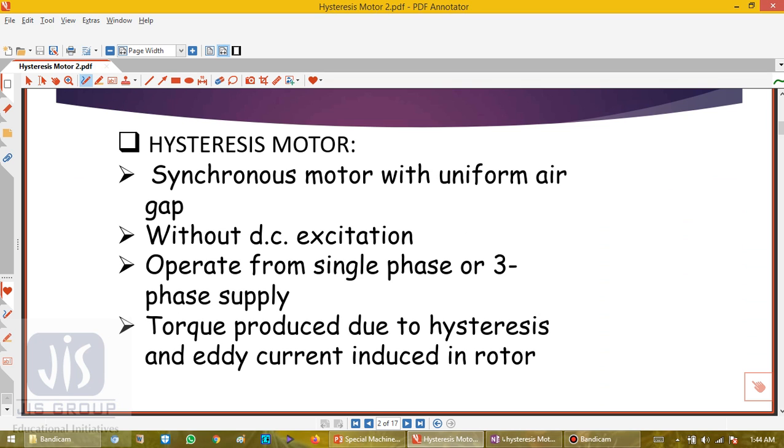Okay, and this motor may operate from a single phase or three phase supply.